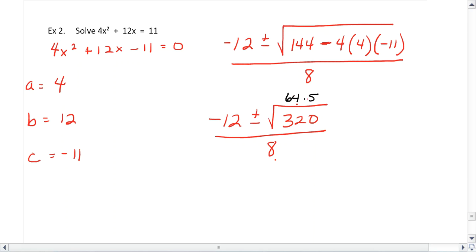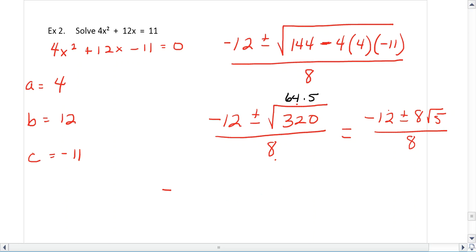All right, let's check this 320 and see if we can find a perfect square in there. So I found that 64 times 5 is 320, so we can take out that perfect square of 8. So now I have negative 12 plus or minus 8 square root 5 all over 8. Now, since all of these terms, the 12, the 8 square root 5, and the 8, all have a factor of 4 in them, we can reduce them all.